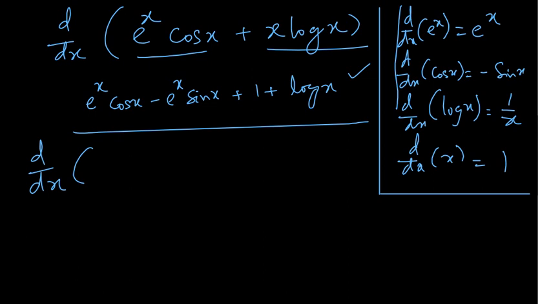Now let's take this tan x plus secant x. No UV rule. Okay, it's just addition. This is just addition rule, right?